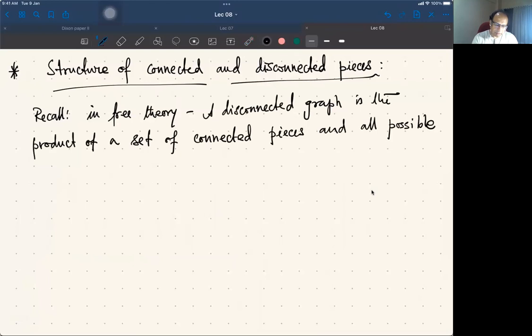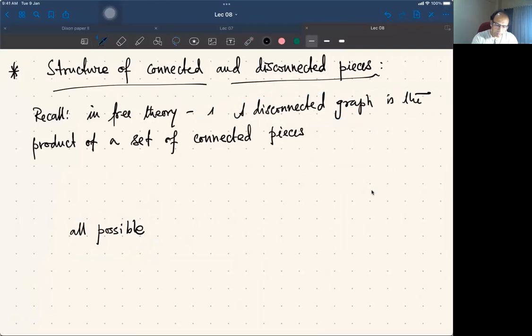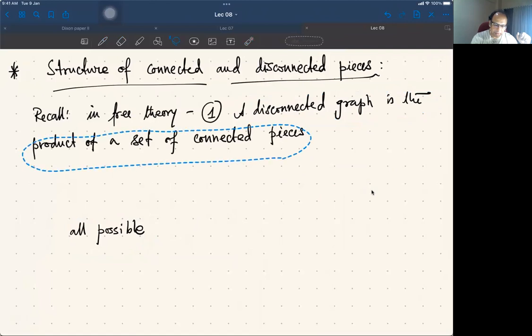So let me write it in free theory. This is observation 1 and observation 2. In free theory, this is an observation: a disconnected graph is the product of a set of connected pieces.